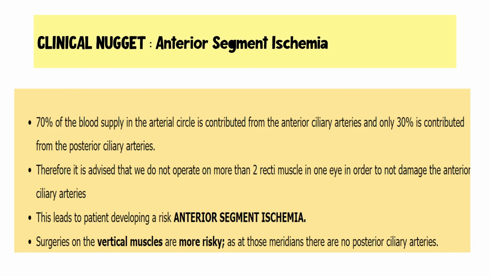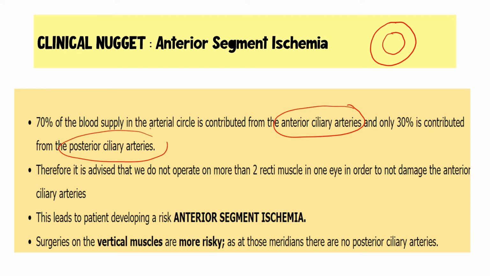At this point, I would like to mention a clinical nugget regarding anterior segment ischemia. These anterior ciliary arteries are very important because here we are talking about the major arterial circle and the minor arterial circle. The major arterial circle is responsible for the perfusion of your anterior segment. Of this, 70% of the blood supply comes from the anterior ciliary artery, and only 30% is contributed by the posterior ciliary artery.